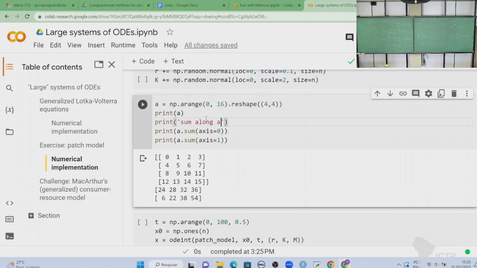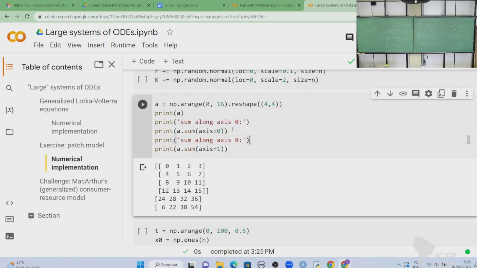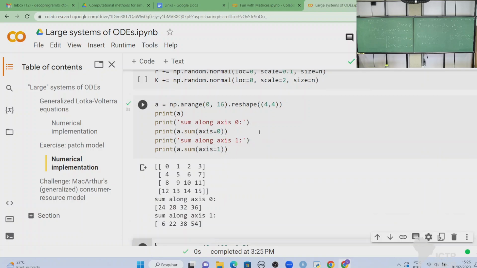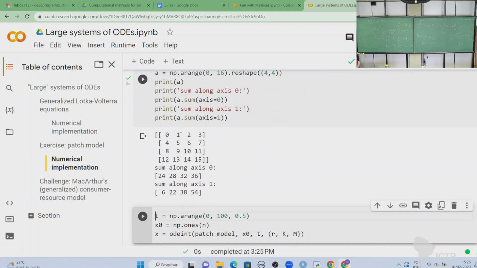Sum along axis 0. Yeah, you see, here I sum 4, 8, 12 to get 24, 1, 5, 9, 13 to get 28, and so on, okay?